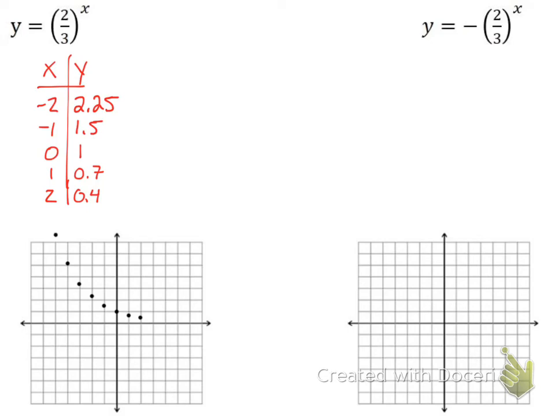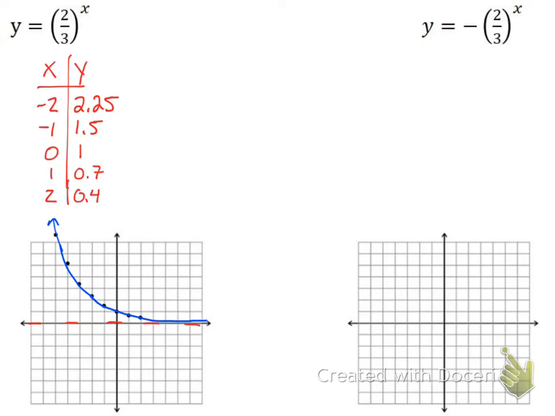So again, I should get something kind of looking like a half pipe. Like that. Again, never crossing the x-axis. There's my horizontal asymptote right there.